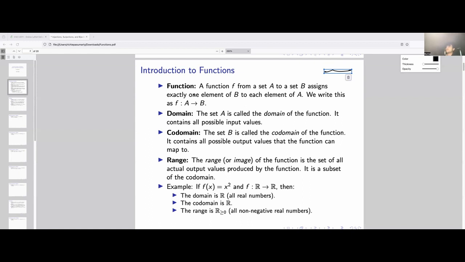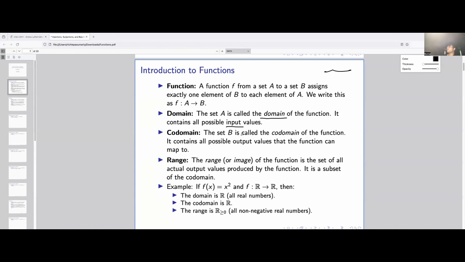So the set of values that a function can take is called the domain of the function. What it can take is called its input. Whatever you can input into the function, the set of all those values, is called the domain of the function.